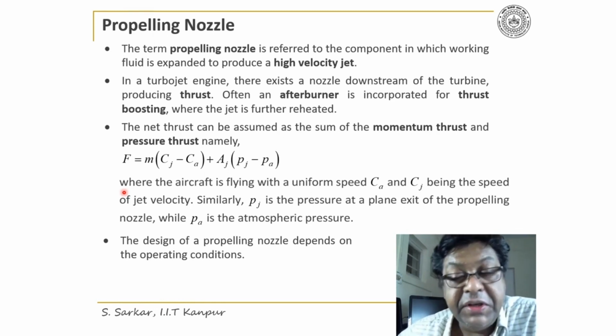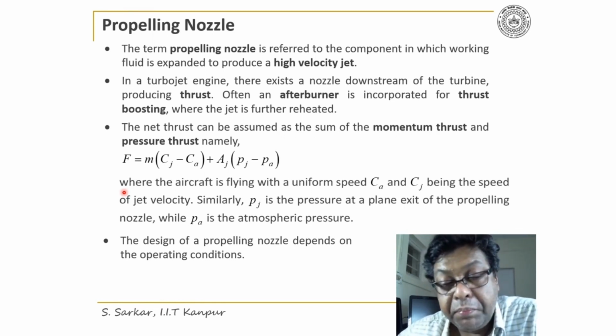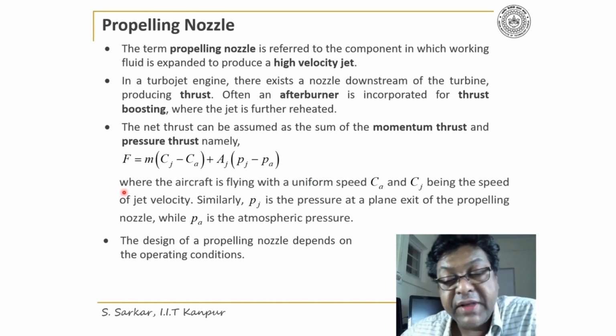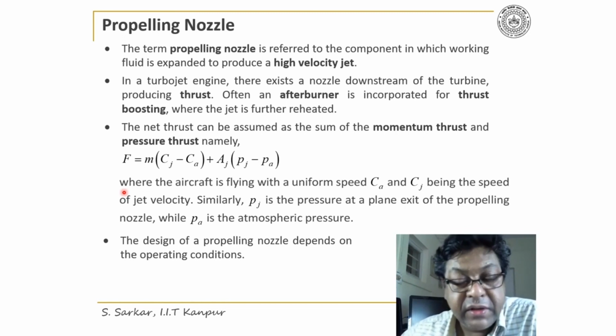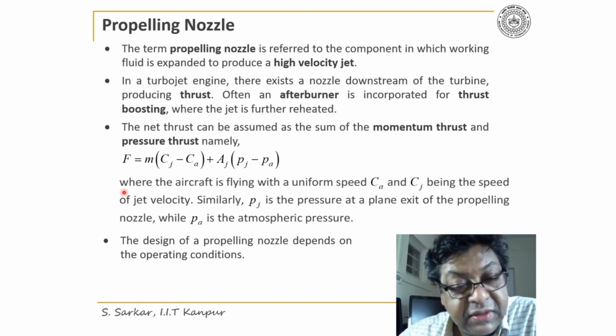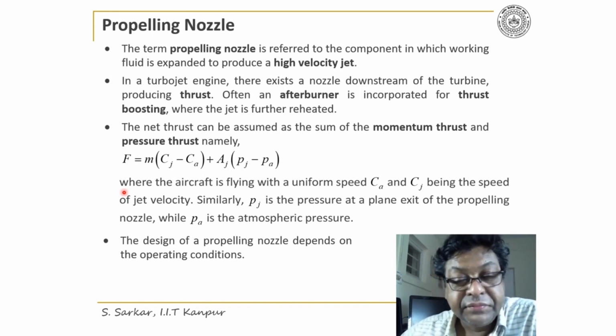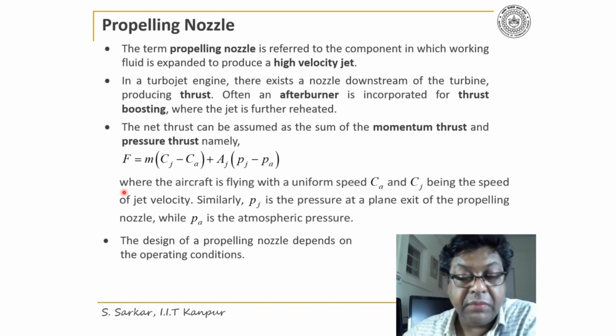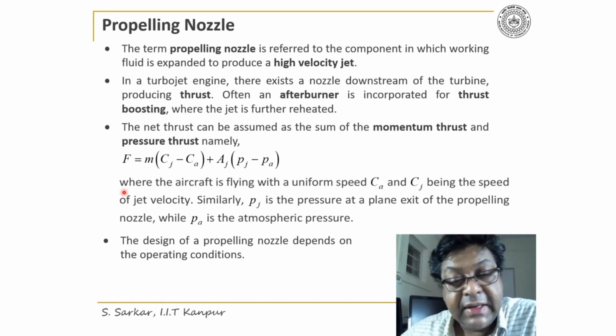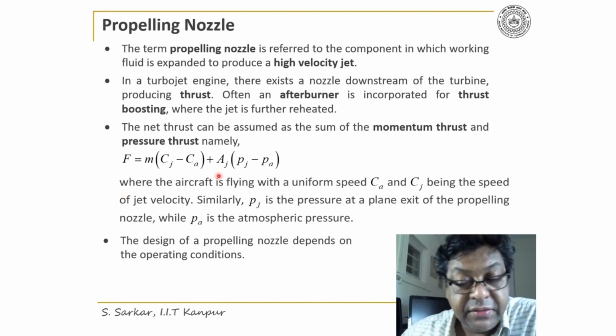Similarly, Pj is the pressure at the exit plane of the propelling nozzle, while Pa is the atmospheric pressure, and m is the mass flow through the engine, or in this case actually the mass of gas, and Aj is the effective area of the nozzle.